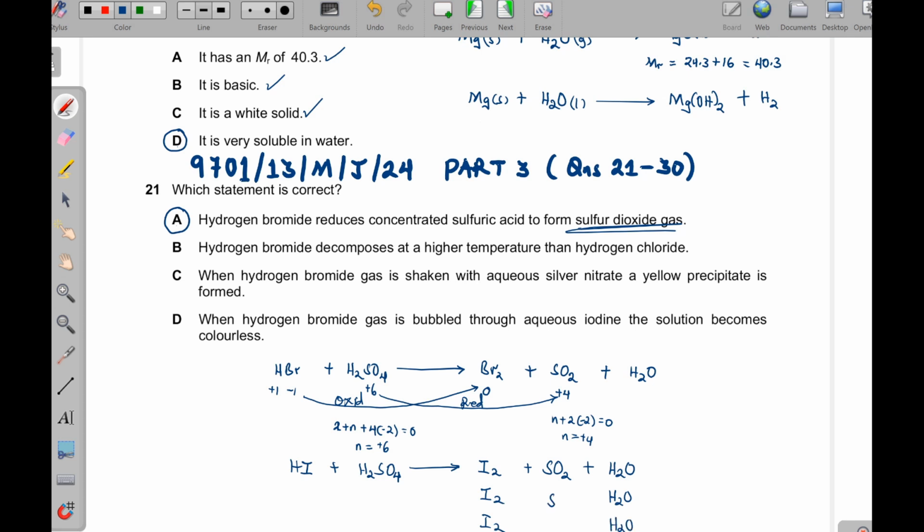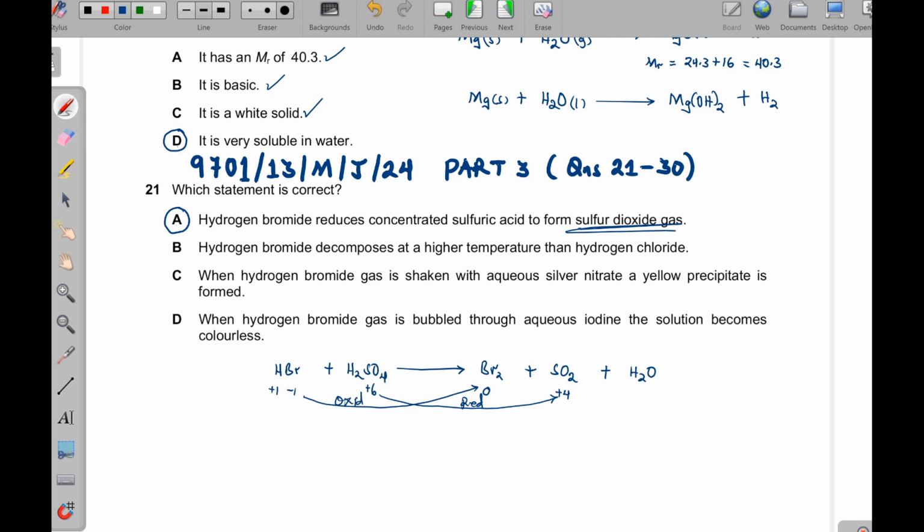But here we can get sulfur, and the other one is hydrogen sulfide. So these are the possible equations that we can have when hydrogen iodide reacts with concentrated sulfuric acid. I've not balanced them, but that is that. Then let's continue.